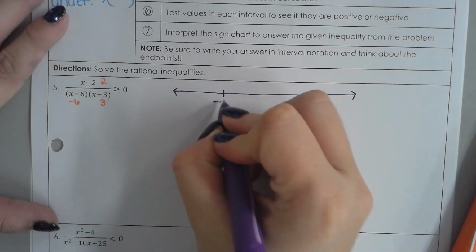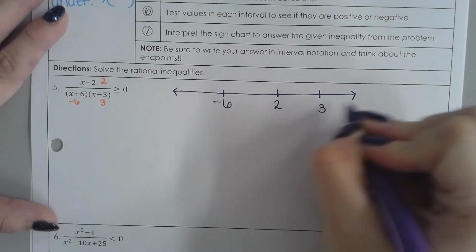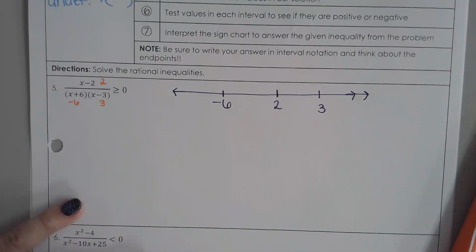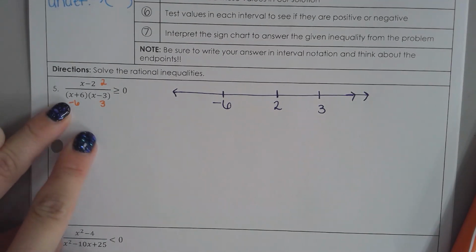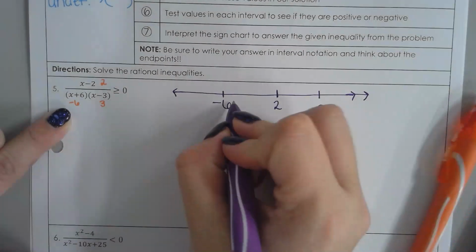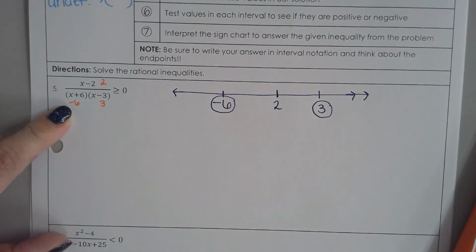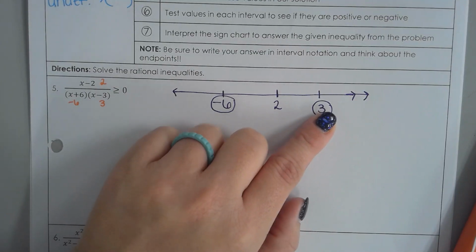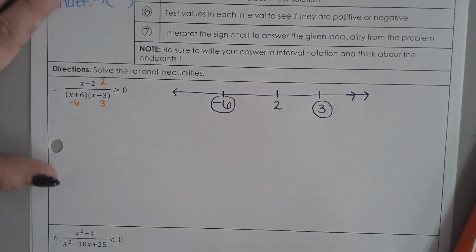A negative 6, a 2, and a 3. Now something that I have found that is helpful, I'm going to circle the ones that were on the denominator. Those are my undefined numbers. If I need to write a negative 6 or a 3, we need to make sure those get parentheses, not brackets.